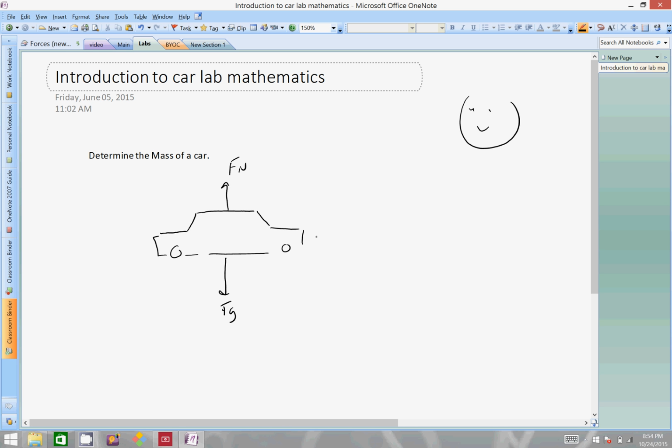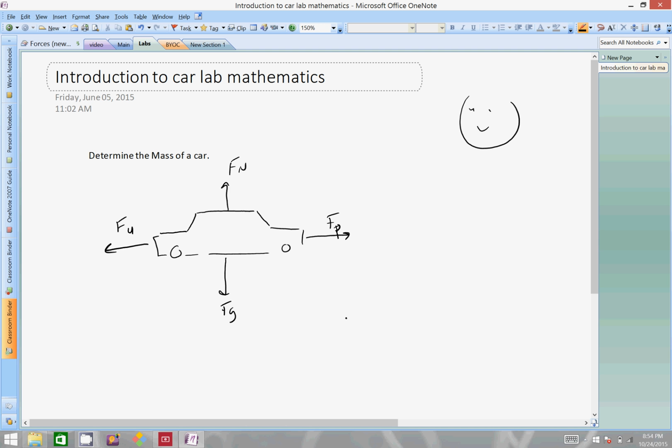But if you apply a forward force, let's call it the force of push, or force from people, F sub P, we'll also acquire rolling friction in the reverse direction.